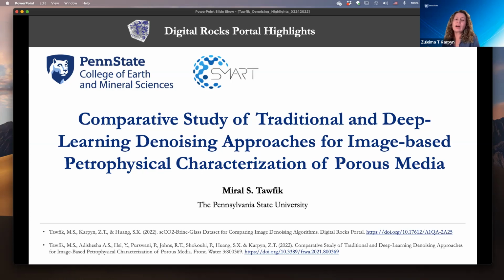Where to take this from? I think an immediate step connects to what Miral and Amogh mentioned about connecting with the segmentation piece. We've worked independently on assessment of performance using deep learning algorithms for segmentation, and we've developed similar metrics for segmentation alone, and we're trying to integrate the entire workflow. So trying to automate as much as possible, not only upstream, where we obtain the data and denoise, but throughout the entire connected workflow, from data acquisition, denoising, segmentation, and ultimately finding those physical properties.